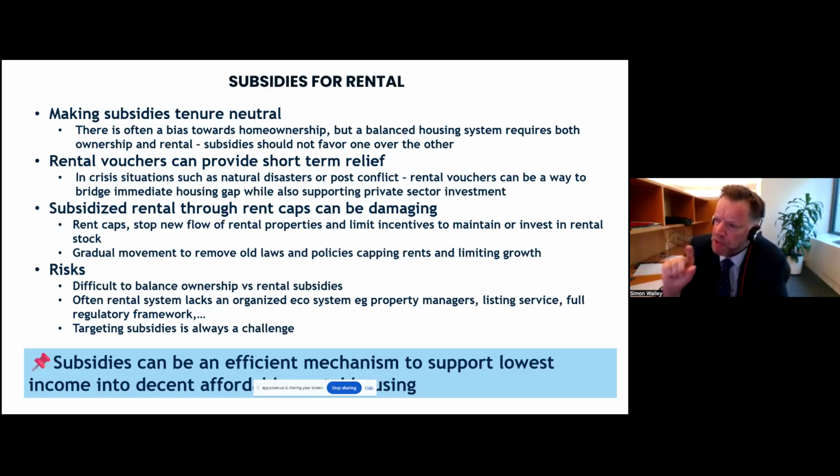The second reason why rental subsidies can play a very useful role is particularly as a short-term relief measure.